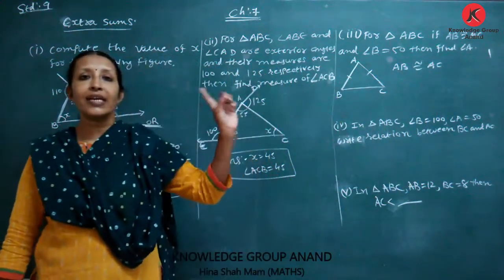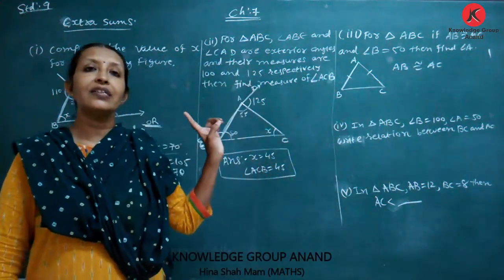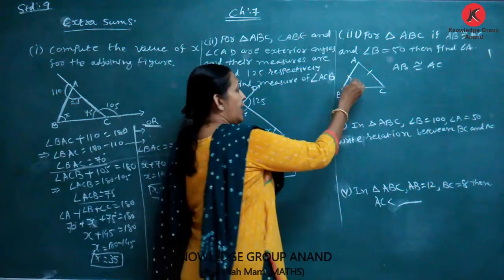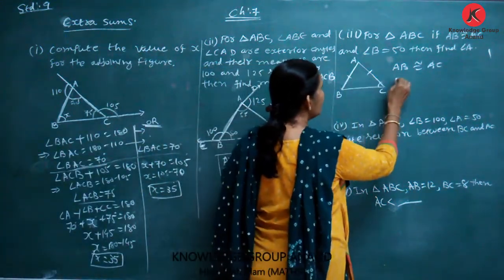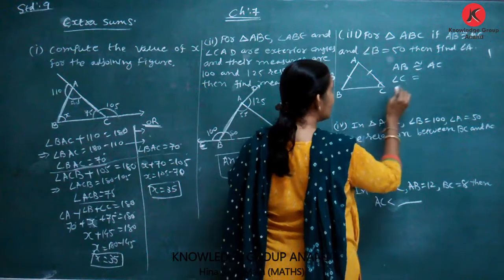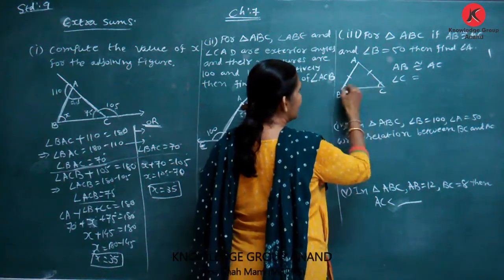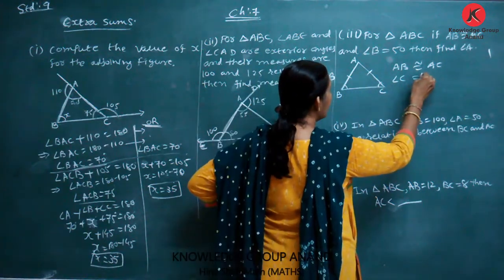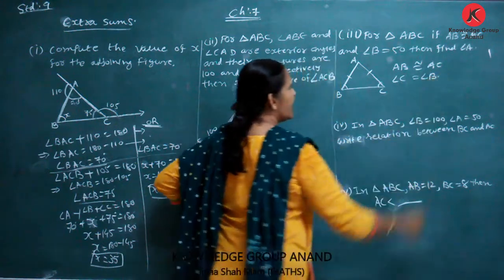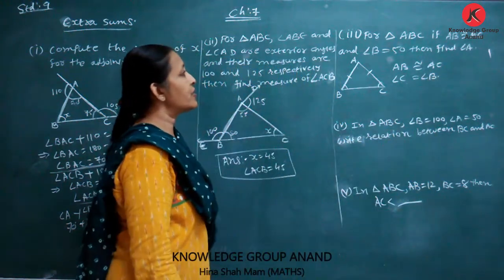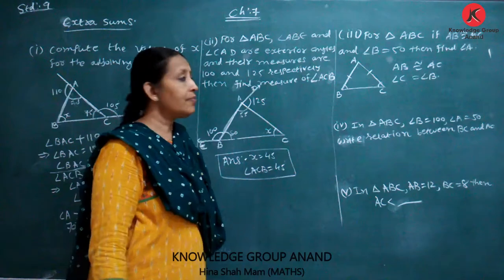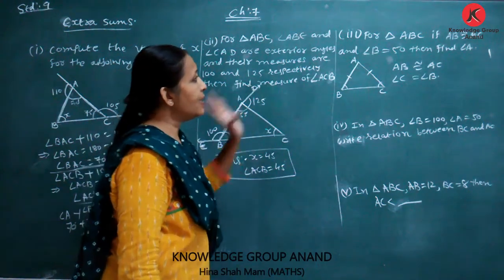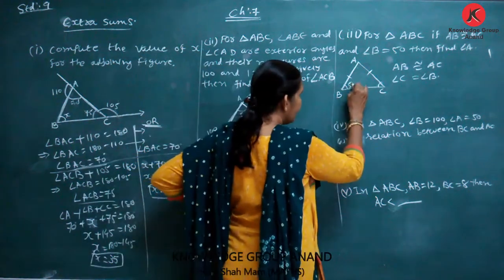In a triangle, if two sides are equal, then their opposite angles are equal. The opposite angle of AB is angle C, and the opposite angle of AC is angle B. So angle C is equal to angle B. Angle B is equal to 50.